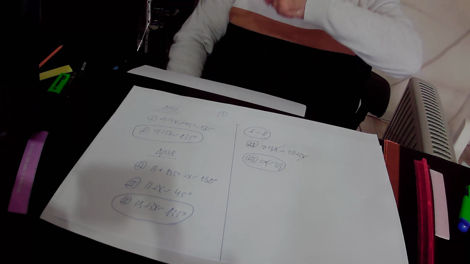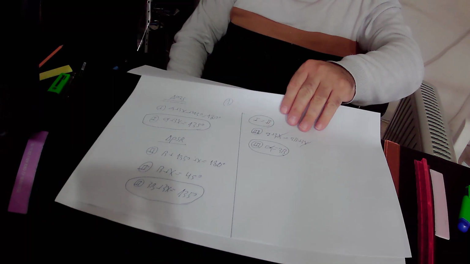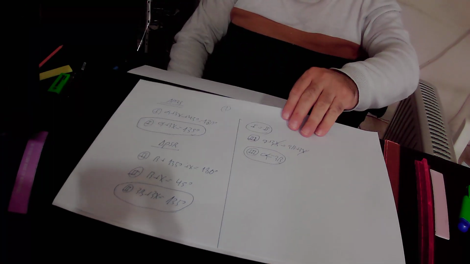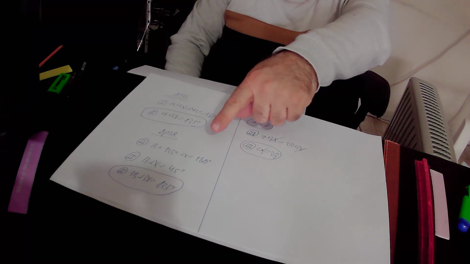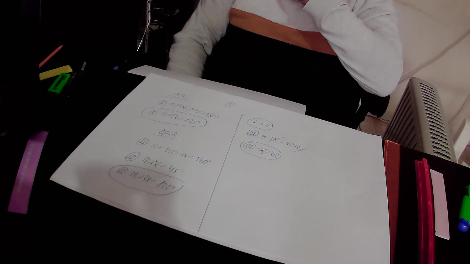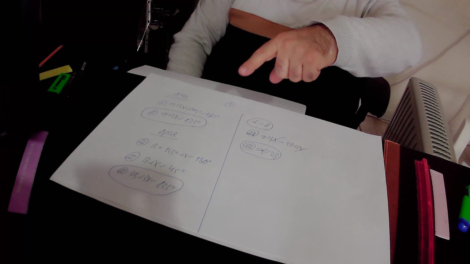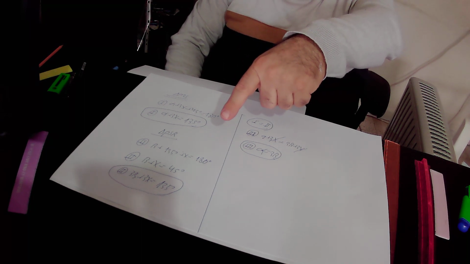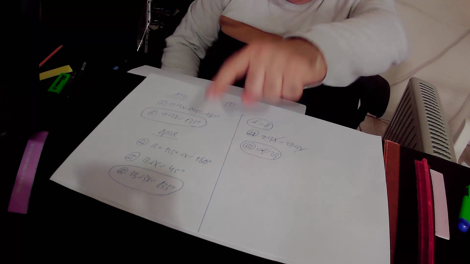Then we focused on triangle PSR. In triangle PSR, the sum of the angles also equals 180 degrees. That is to say beta plus 135 degrees plus x equals 180 degrees. We subtracted 135 degrees from this equation number 2, and we got that beta plus x equals 45 degrees.